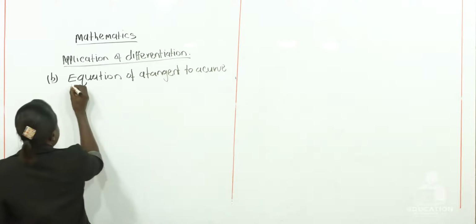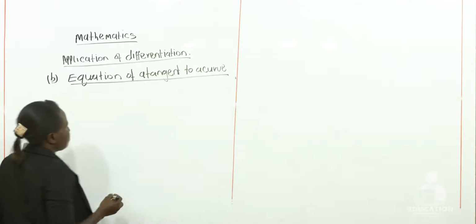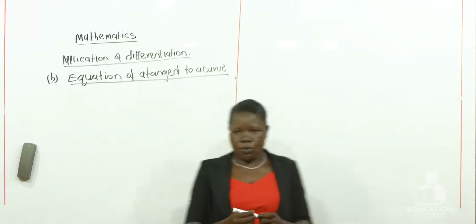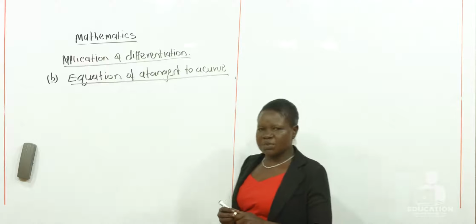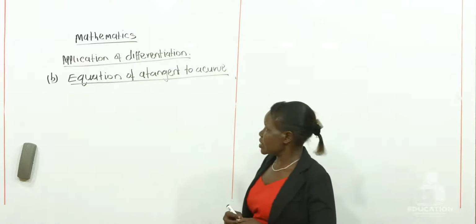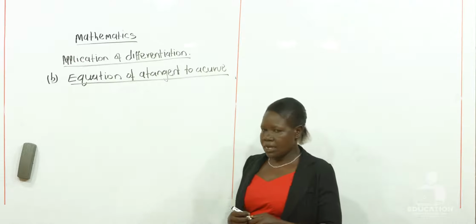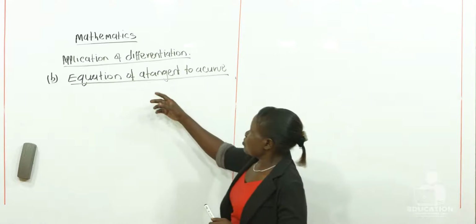So this is what we are going to look at: equation of a tangent to a curve. Equation is not a new word. Equation simply means a statement asking us to find something which has an unknown answer. Then we have a tangent.